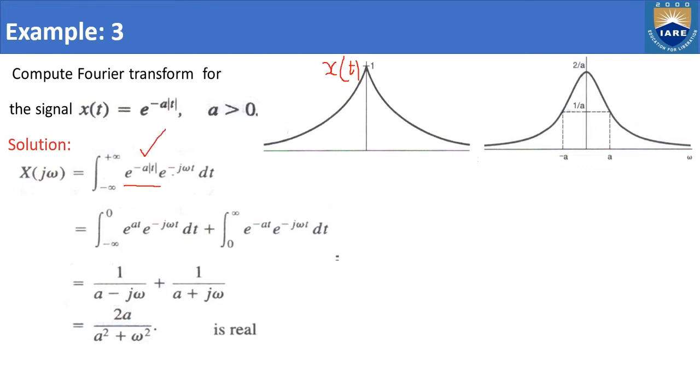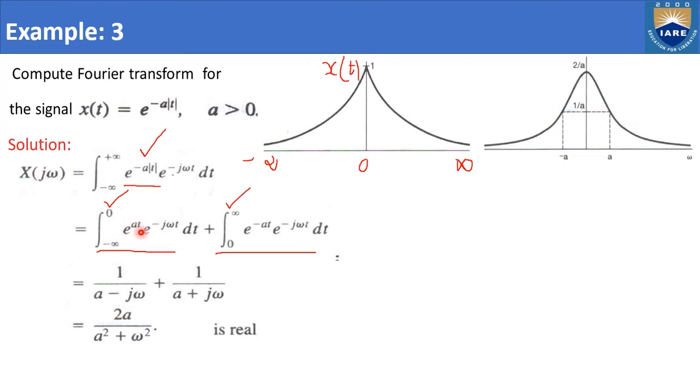I divide this into two terms: one is minus infinity to 0, the other is 0 to infinity. Minus infinity to 0 means this side, which is an increasing exponential.